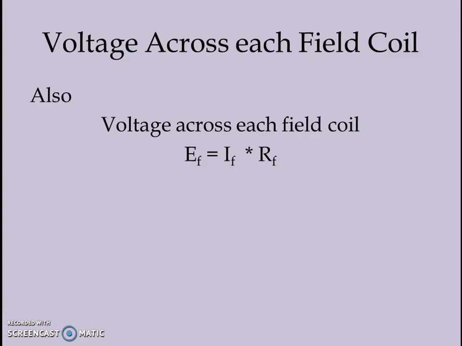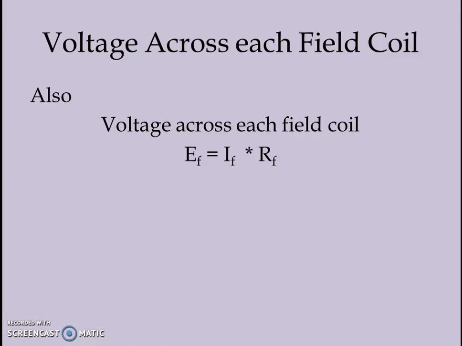So EF is the product of IF multiplied by RF. But at this stage, the field current is still not known, and RF, the resistance of the field coil, is also not known. So both quantities are unknown, but we can substitute the equation for the resistance of the field winding.